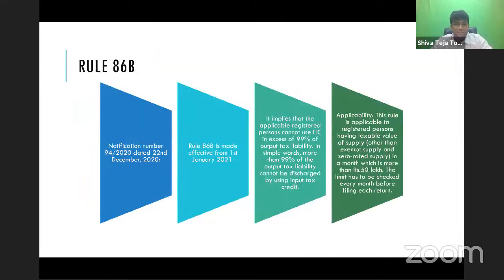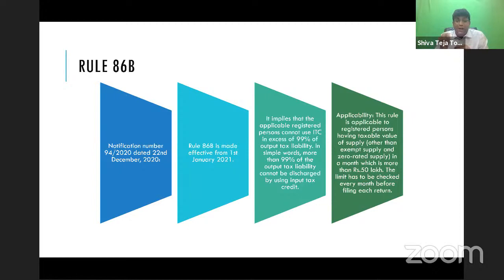Next point. This is one new concept, my dear friends, which has come up only for those people where the value of supply is more than 50 lakhs. For example, if output tax is 100 rupees, I repeat, output tax is 100, input credit is 110. Will you pay anything through cash ledger? No. When output tax is 100, input credit is 110, use the credit completely.